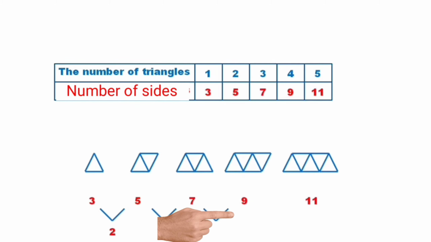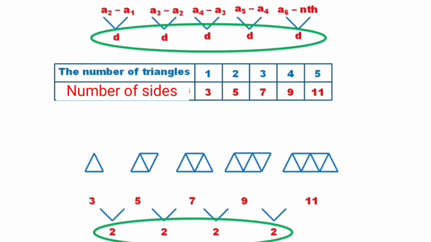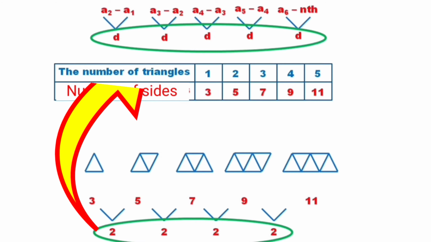Next, 9 minus 7 equals 2. Then, 11 minus 9 equals 2. Observe that 2 is the common difference. We denote D as the common difference.